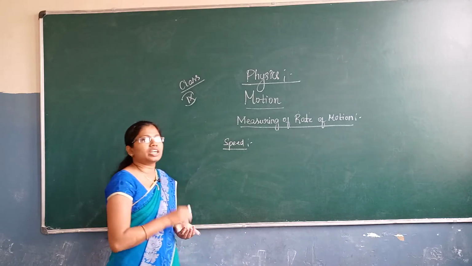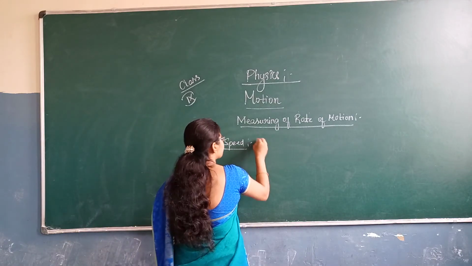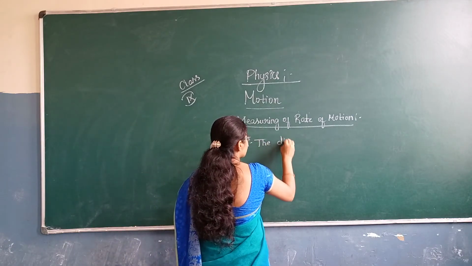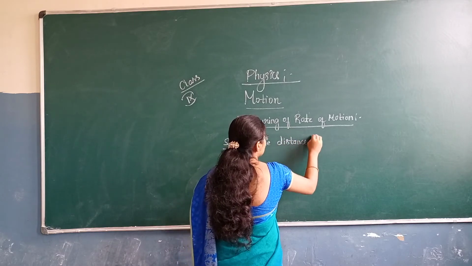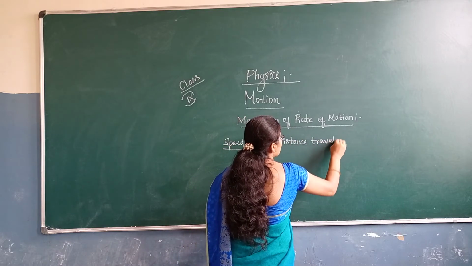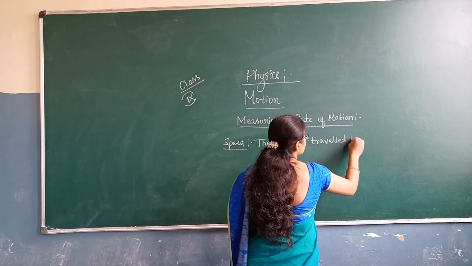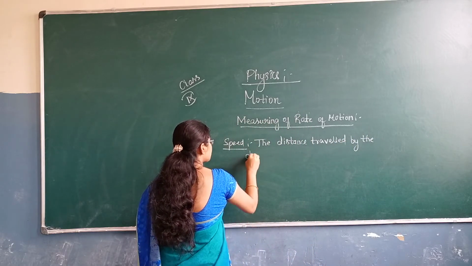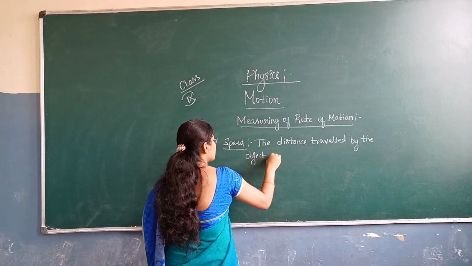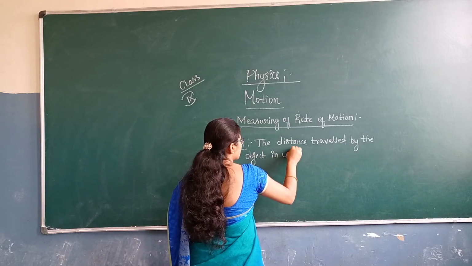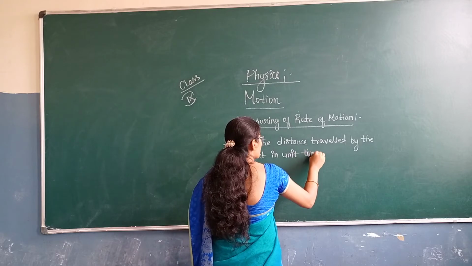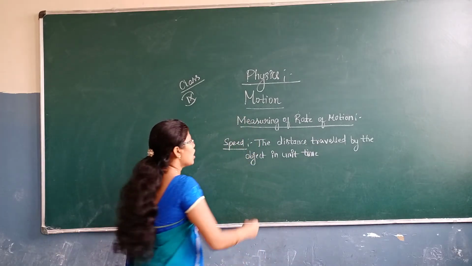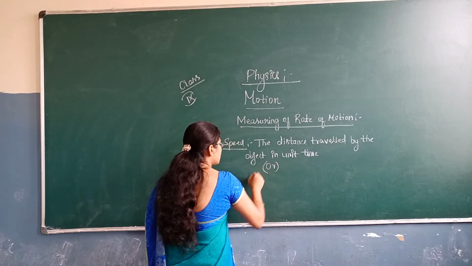So let me write down the definition of speed. The distance traveled by the object in unit time, this is what we call speed.